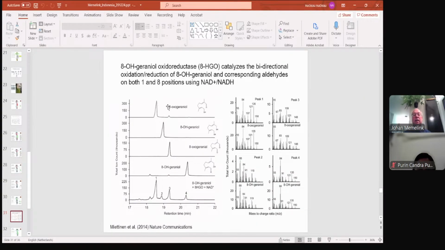And all the substrates and products were characterized also by their mass spectrum, so that you can really determine that these are the compounds that we are looking at.